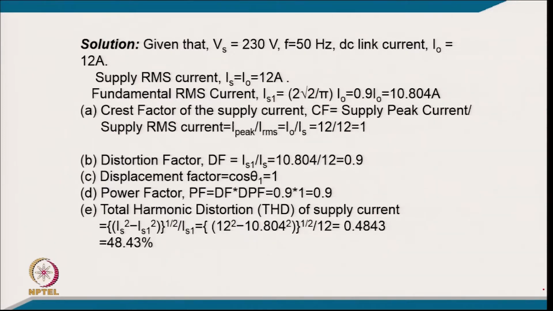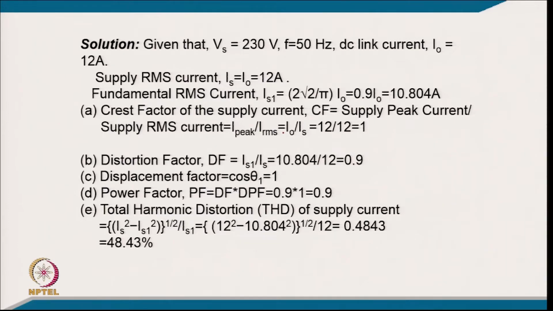So, it becomes 2 root 2 by pi into I0, that is your fundamental RMS current, and by calculation it comes 0.9 I0. So, 0.9 into 12 comes to 10.804 ampere.